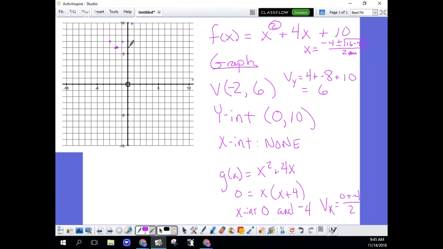If I go over 2, I go up 2 squared, which is 4. 1, 2, 3, 4. Oh yeah, I knew that point was going to be on there. And if I go over -2, squared is 4. 1, 2, 3, 4. So parabolas, their job is to square inputs. We square our horizontal movement from the vertex to figure out how much vertical movement to make. All right, so there is our graph.